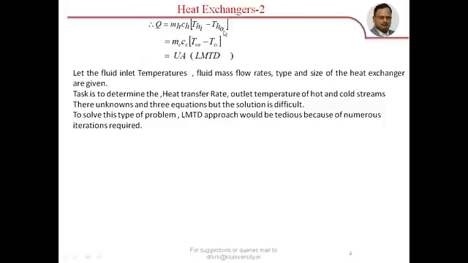Otherwise, change THO. So you have to go on assuming the values of THO or TCO, and then you have to repeat until the answer converges with your assumption. Number of iterations are required. It is a cumbersome process, not advisable.